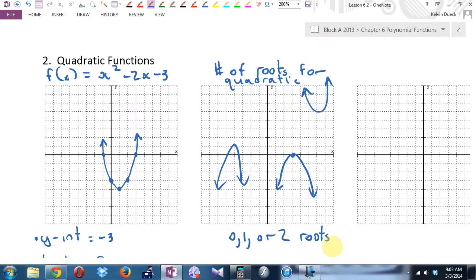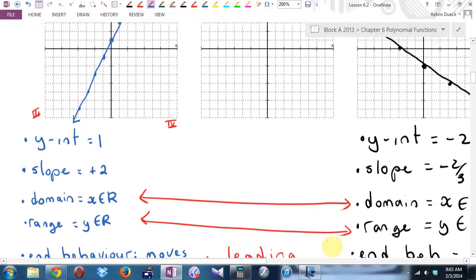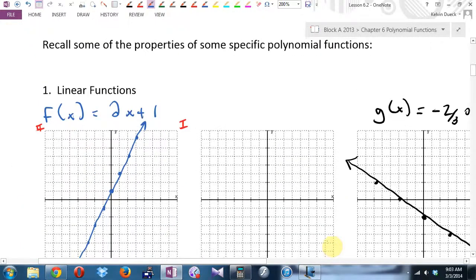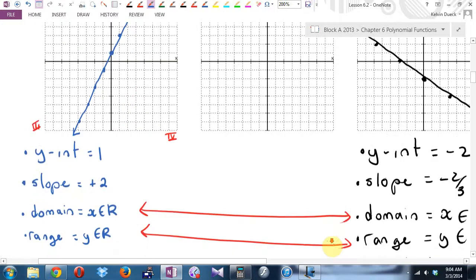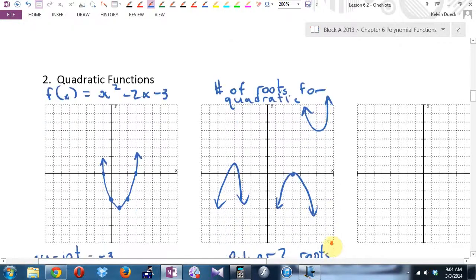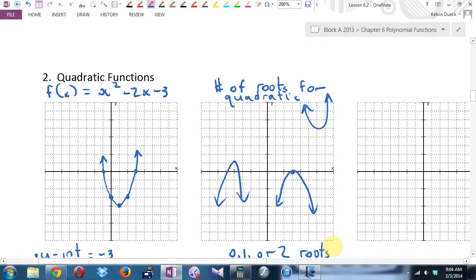By the way, what's the degree of a linear function? What's the exponent on the x there? It's invisible. How many roots? 1. What's the degree of a quadratic function? What's the most number of roots that you can have? Care to guess what the most number of roots you can have for a cubic function is? 3.